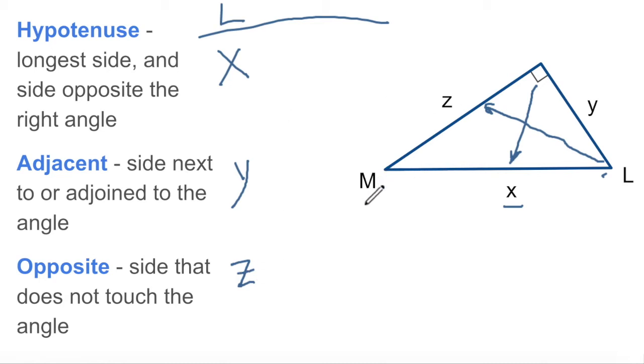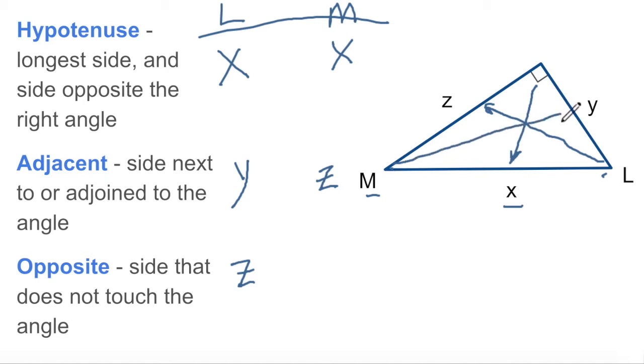And then let's look at angle M. Angle M is over here. So the hypotenuse is going to stay the same no matter what, right? The hypotenuse, the longest side, is always the longest side. But the adjacent side depends on which angle you're referencing. In relation to angle M, Z is the adjacent side. Z is the side that touches angle M. So we're going to say the adjacent side to angle M is Z. And what side is opposite angle M?